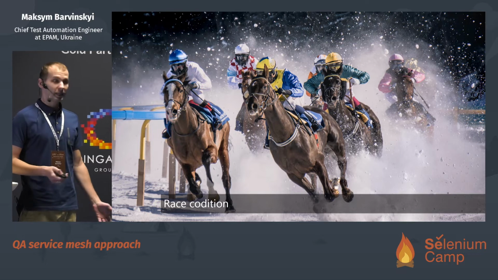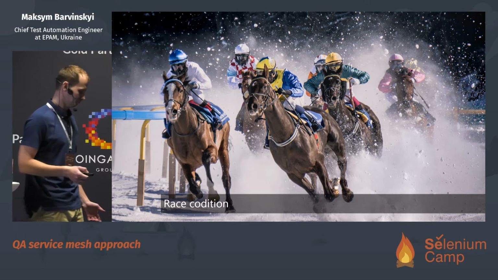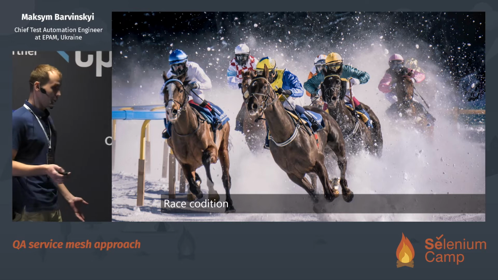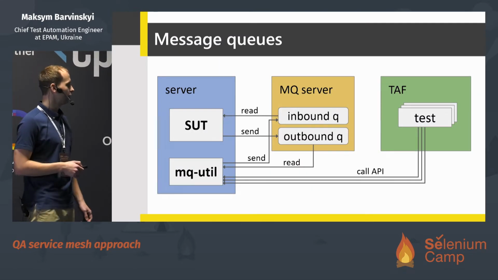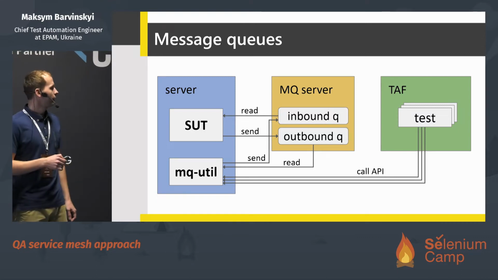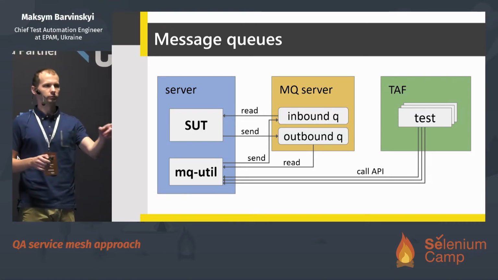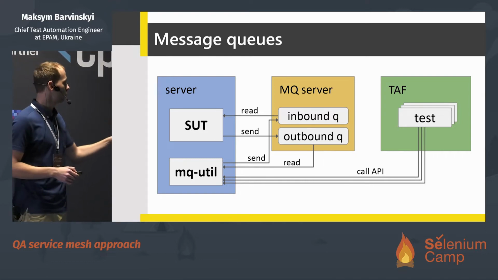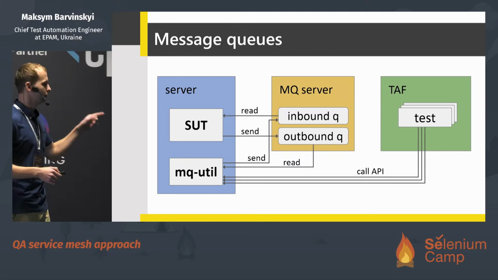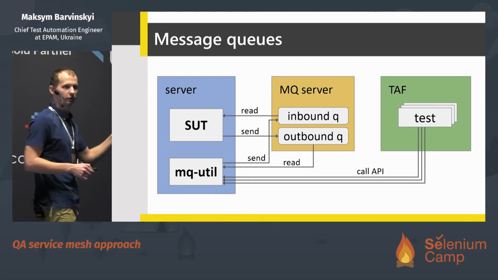Well, we came up with another web service. We called it Mq-util, and I caught everyone in the office and said, hey, we work with message queues through Mq-util only.